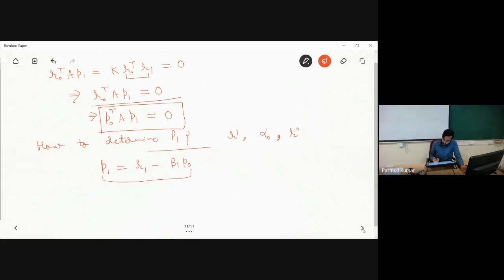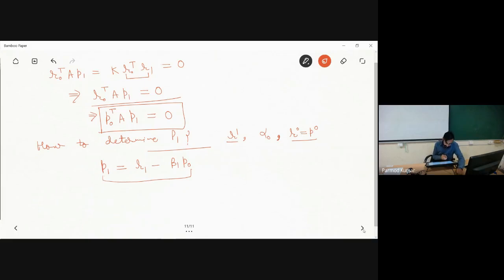The parameters known to us are nothing but the residual R1, then alpha naught and R naught, and this R naught is nothing but equal to P naught also, which represents the direction of the previous iteration. So with reference to the direction of the previous iteration and the residual of the present iteration, we are considering some linear combination which will help us in finding the value of P1.